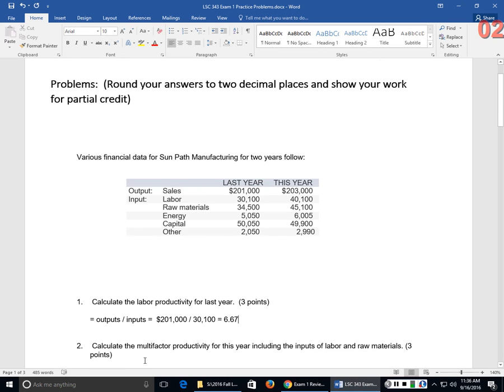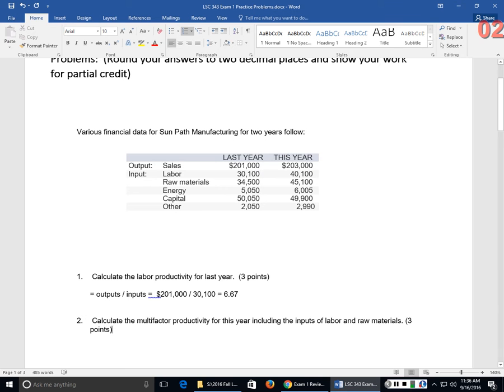All right, so far so good, right? And then the next one says, calculate the multi-factor productivity for this year, including the inputs of labor and raw materials. So again, if productivity is outputs divided by inputs, my output from this year is 203,000, and I'm going to divide that by the inputs. This would be a multi-factor productivity because I'm using both labor and raw materials.